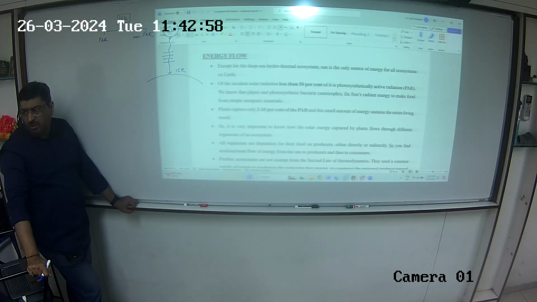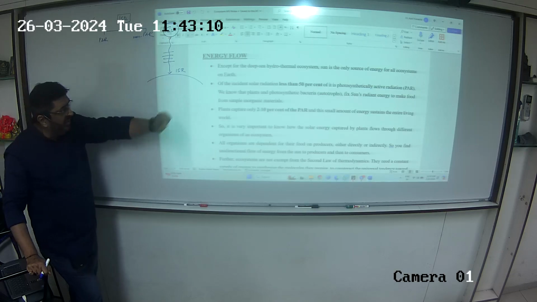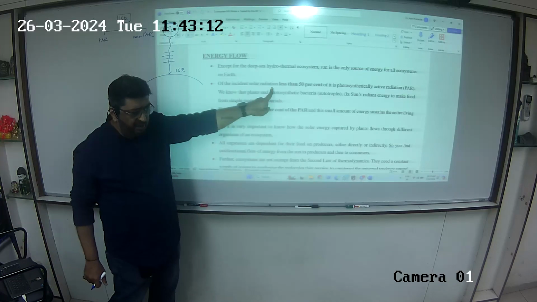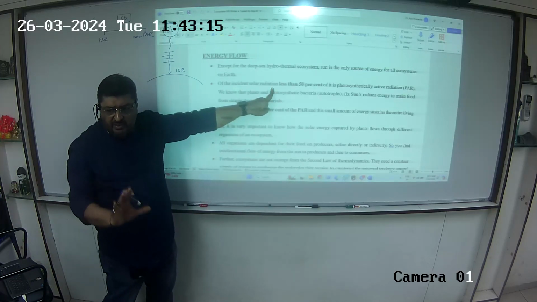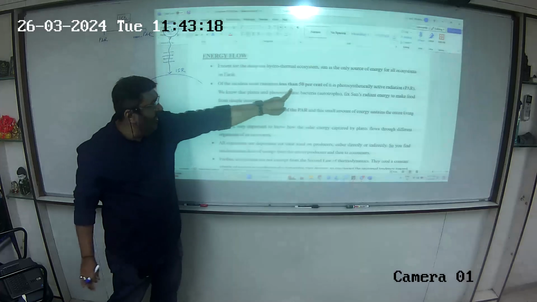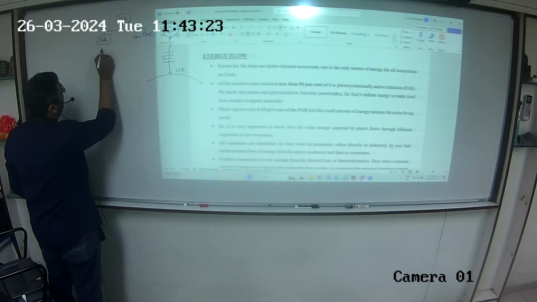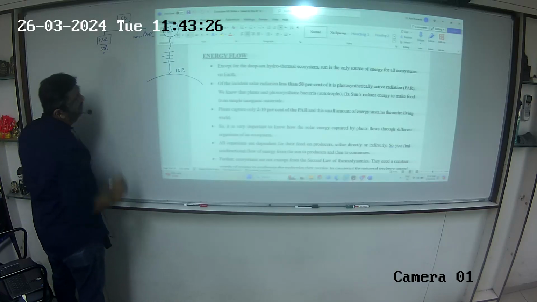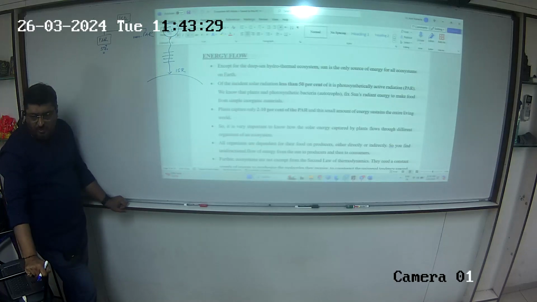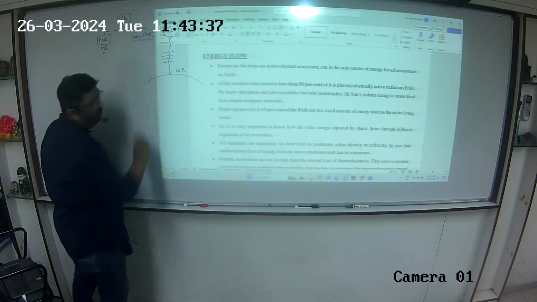A part of this ISR is PAR, that is plants can take this up and perform photosynthesis, and the remaining part is non-PAR. Now what the NCERT is saying, of the incident solar radiation, the ISR total value, less than 50% of it is PAR. So less than 50, even 49 will satisfy this value. This is PAR, and obviously the remaining portion is the non-PAR.